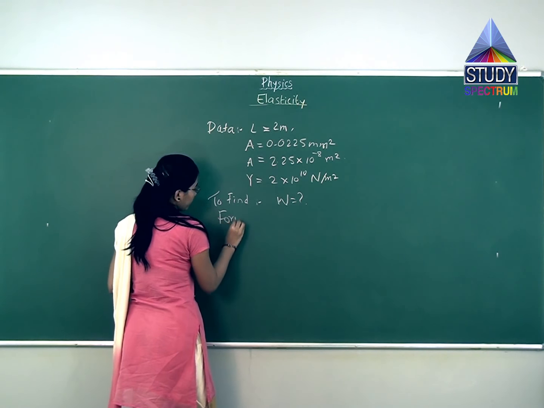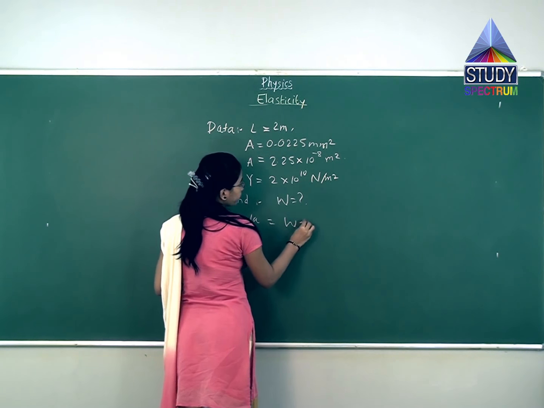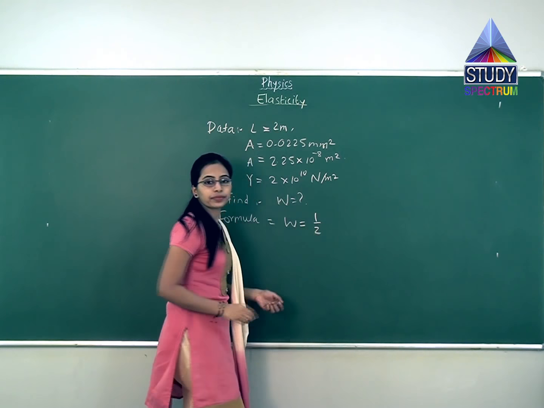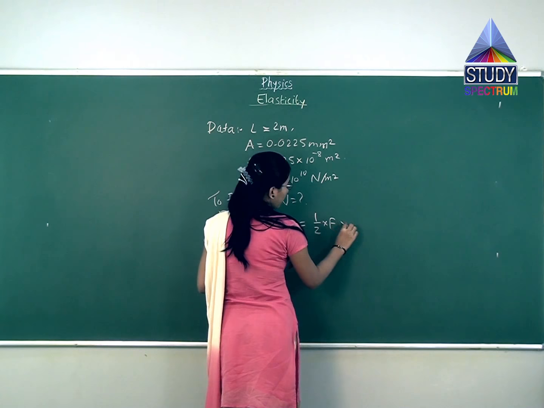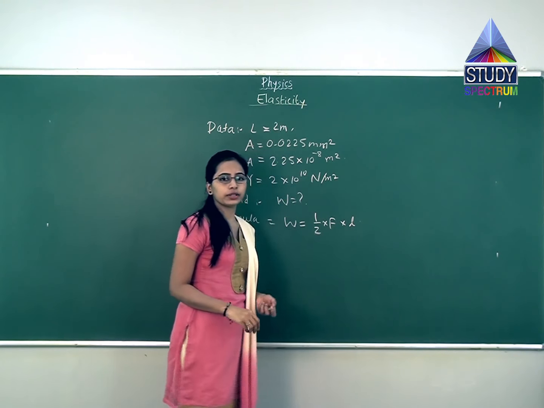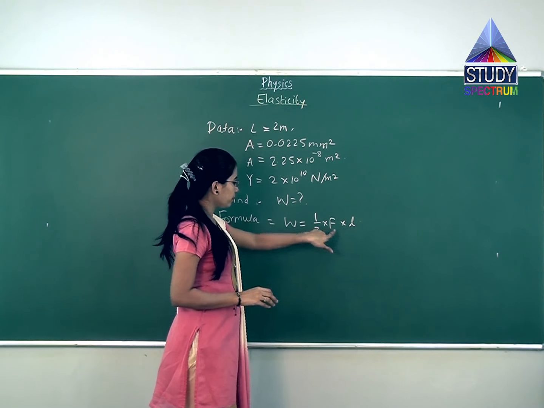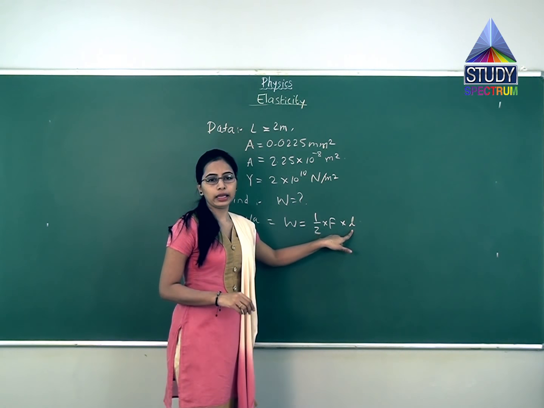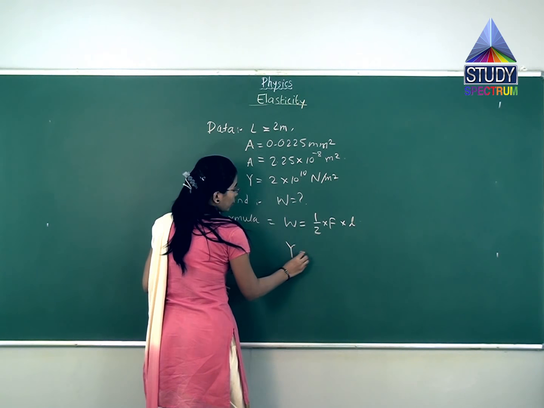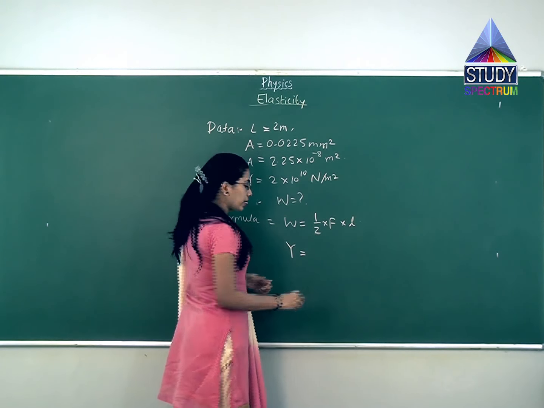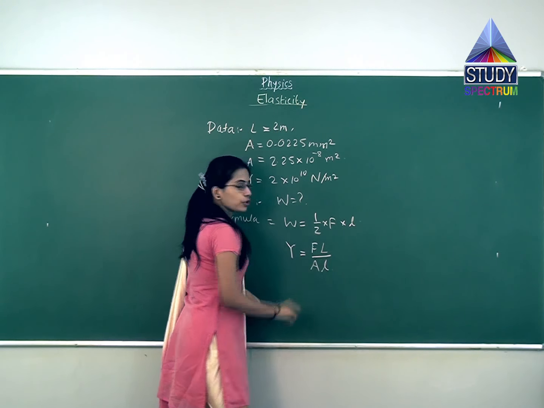The formula is a simple formula. W is equal to half F into small l, that is the extension in the wire. But here we don't know the value of small l. So to find the value of small l, we will use the formula of Young's modulus, that is F capital L upon A into small l.